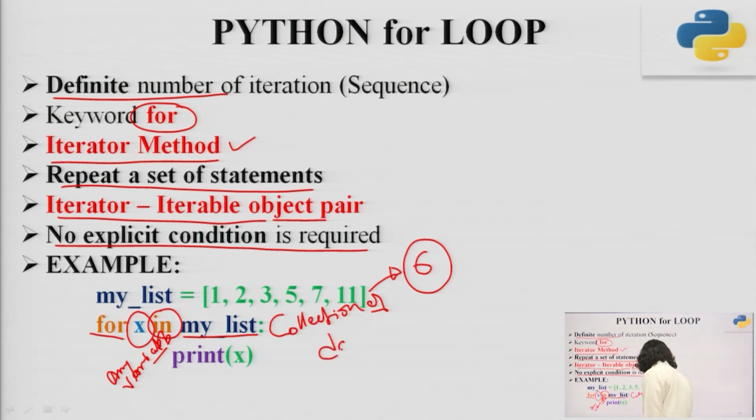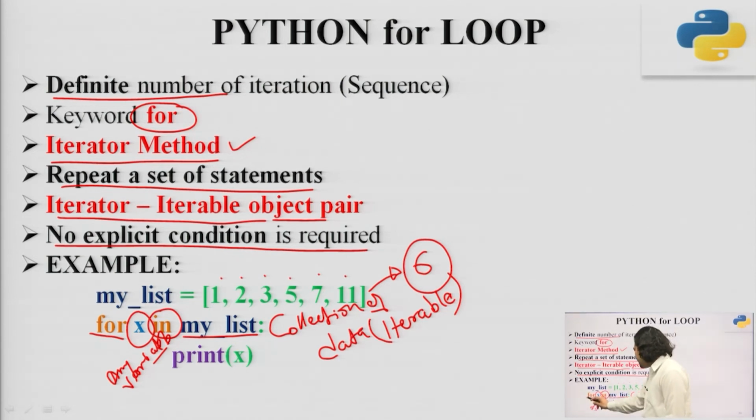A collection of data is also referred to as an iterable. That means it holds a number of values, which can give the values one by one. So, here we have the values 1, 2, 3, 5, 7, 11.